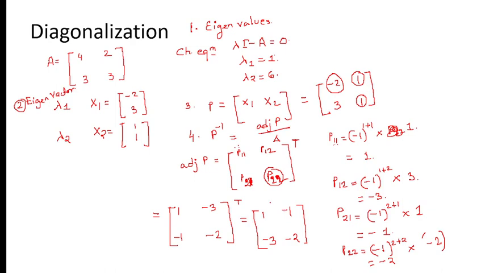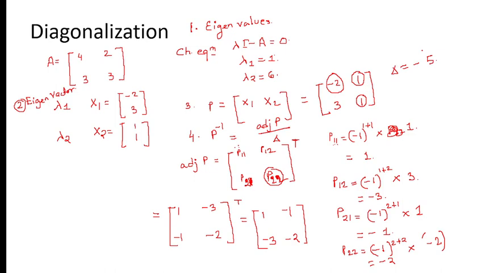Now if we want to get the inverse, what do we have to do? We have to get the determinant of the P matrix. So it is becoming -2, so it is becoming -5. Okay, so this determinant is becoming -5.